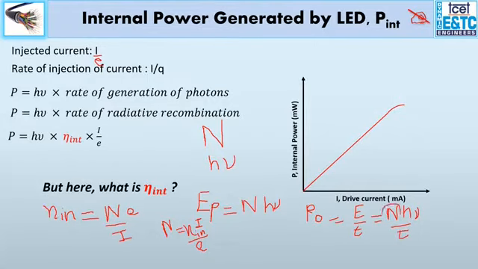This N by T is the number of photons divided by the time.